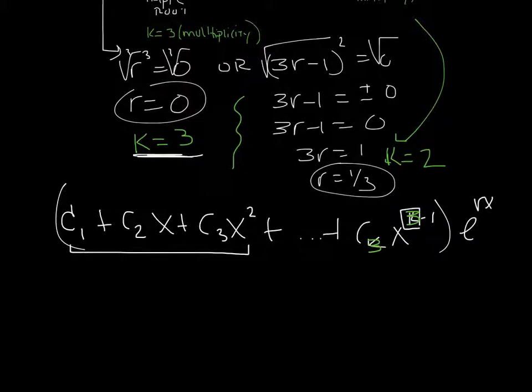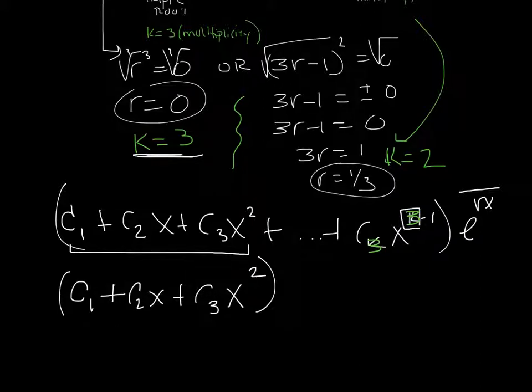So this is going to be C1 plus C2x plus C3x squared. And remember this guy, let's go ahead and write it out. Again, this doesn't hurt: e to the r times x, and my r is 0.